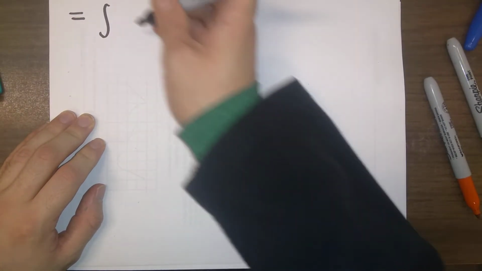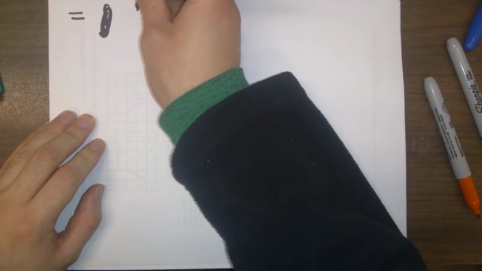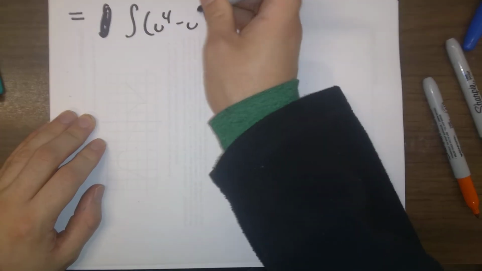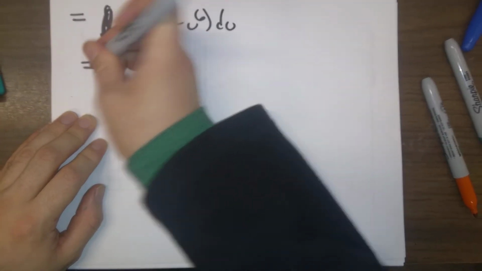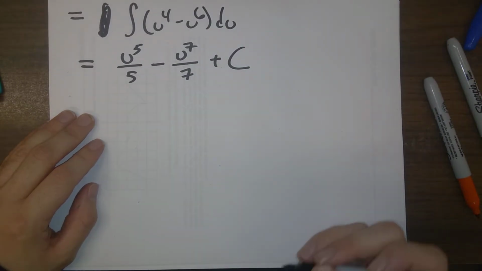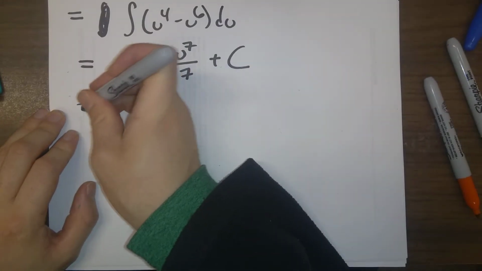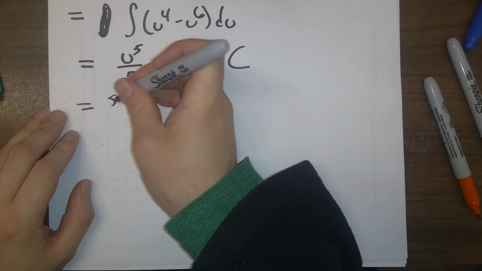Let me recopy: the integral of u to the 6th minus u to the 4th du. When we integrate this, we get u to the 7th over 7 minus u to the 5th over 5 plus c. And our final step needs to be to substitute in.